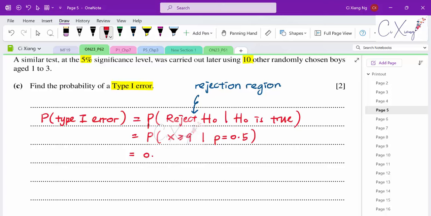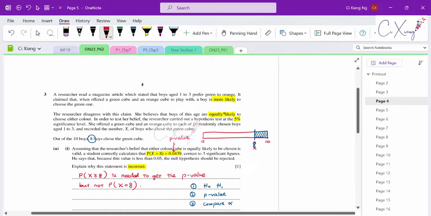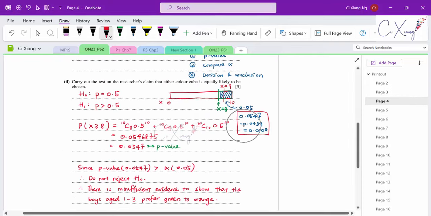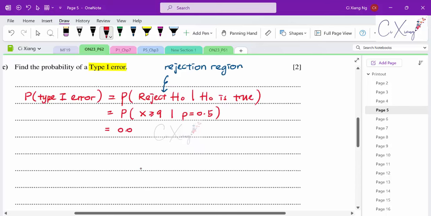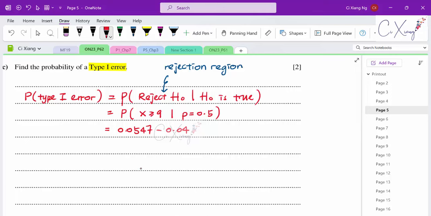That means you take 0.0547 minus 0.0439. So from there, you get 0.0108. So this is your type 1 error. That means you directly use the values from the first part just now.